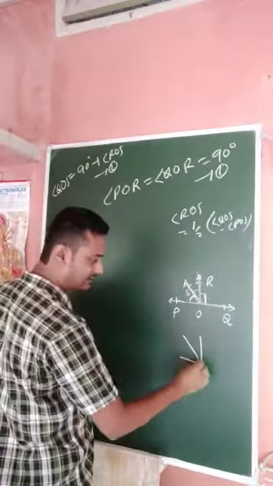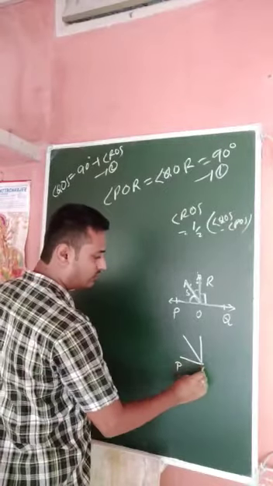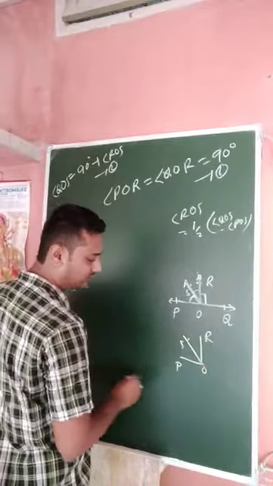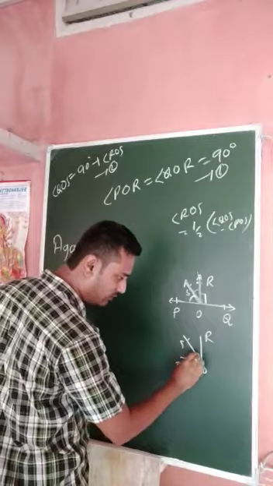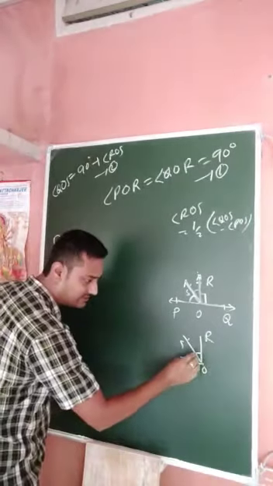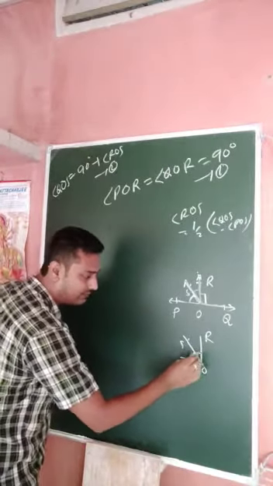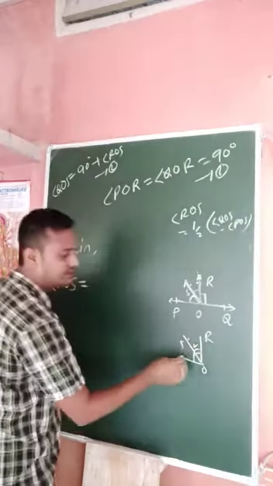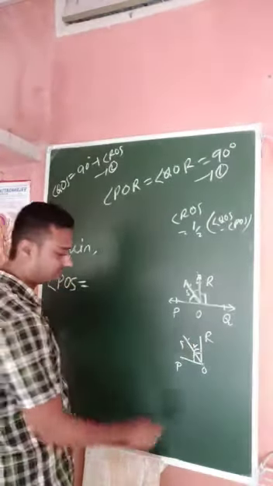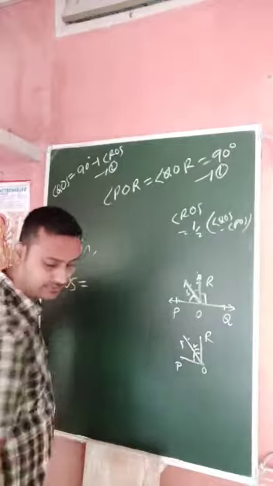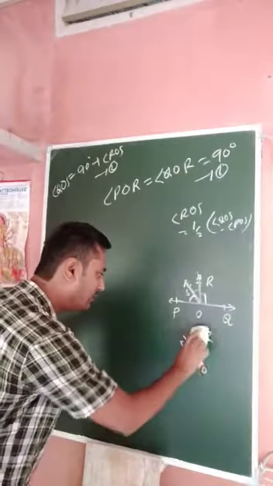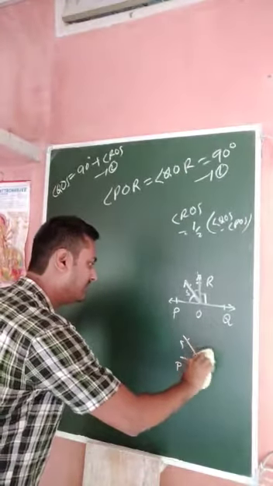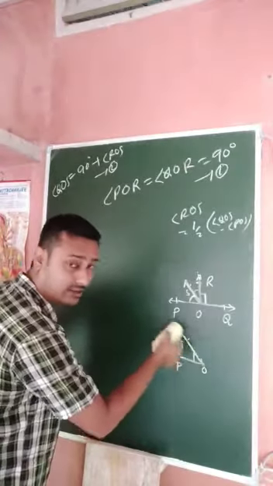And there is another angle, this one, POR, this one is S. So POR means this big angle. From POR, if you subtract this part, ROS, then you will remain with angle POS.